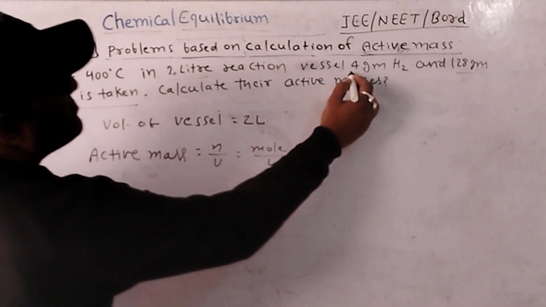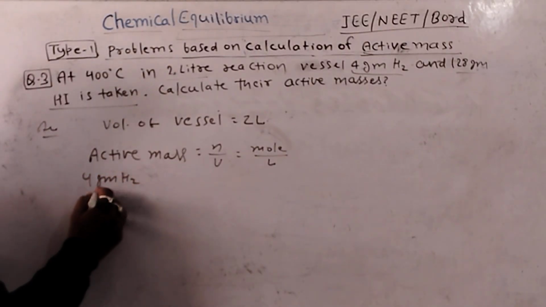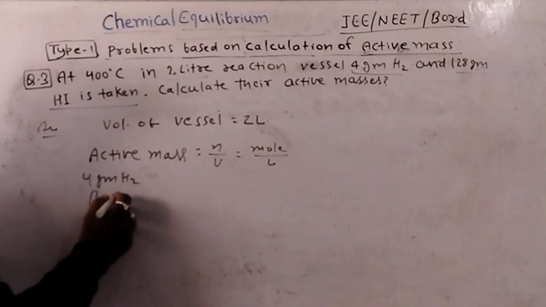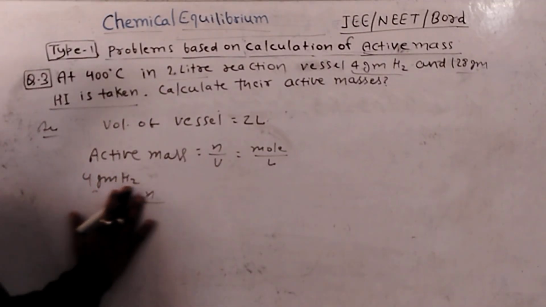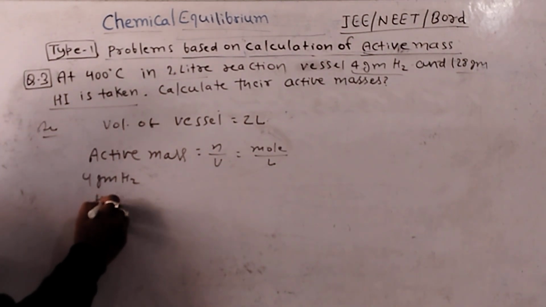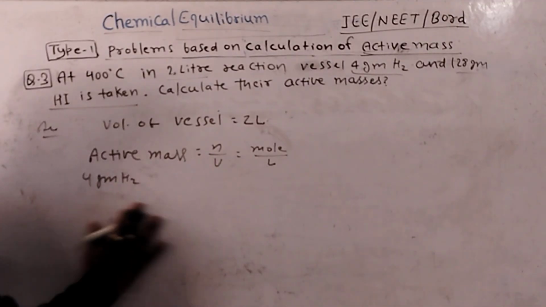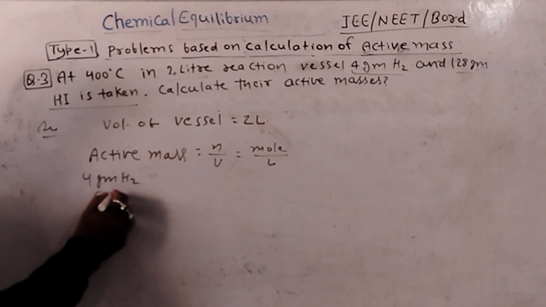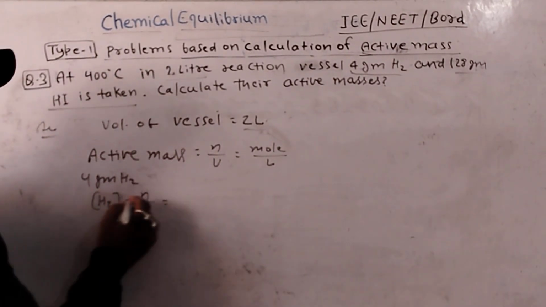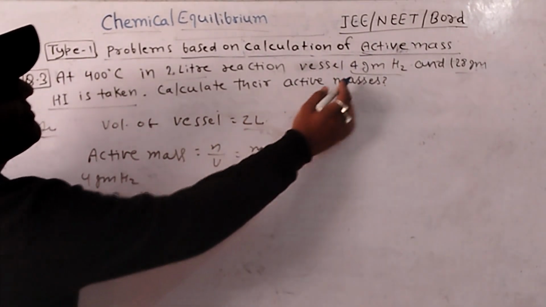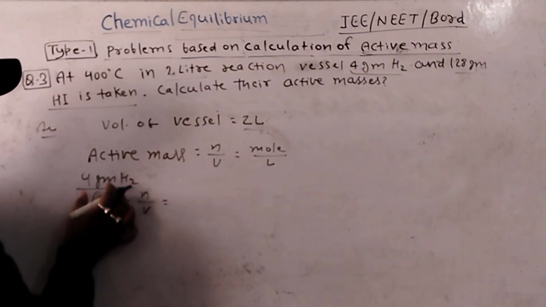In the case of 4 gram of H2, we can calculate the active mass of H2 with the help of the n by V formula.